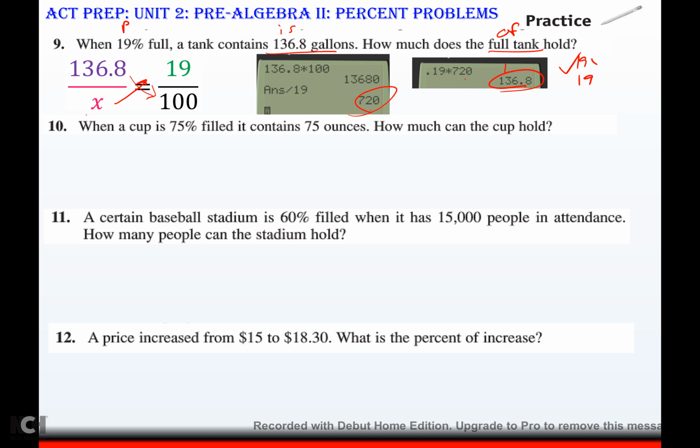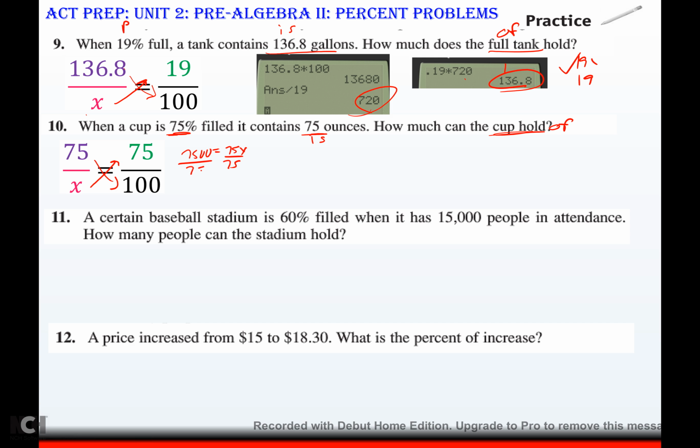So it checks. 10. When a cup is 75% filled, it contains 75 ounces. How much can the cup hold? Again, they're saying 75% is 75 ounces. The total amount it can hold is your of. So we're going to set up is over of equals p over 100. That's going to give me 7,500 equals 75x.